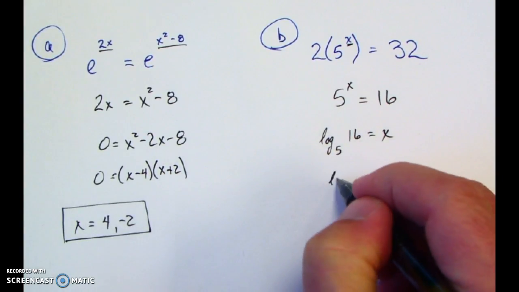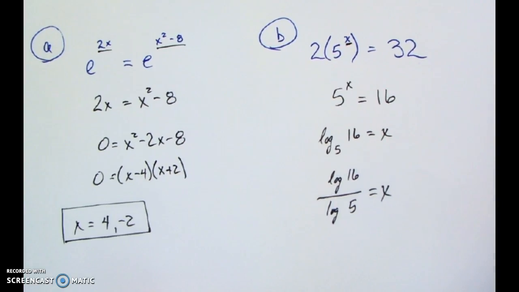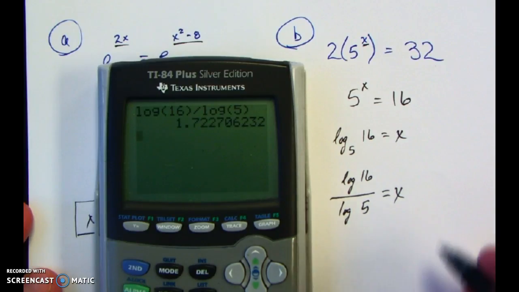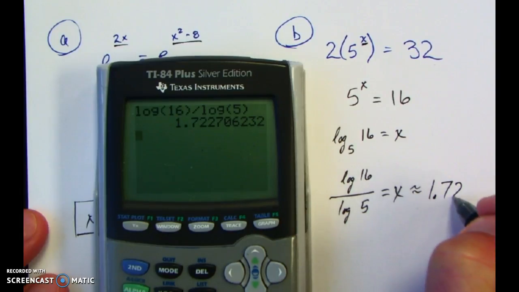I'm going to need to use change of base to be able to solve that. And then with our calculator, we have the log of 16 divided by the log of 5. We find that x is approximately 1.72.